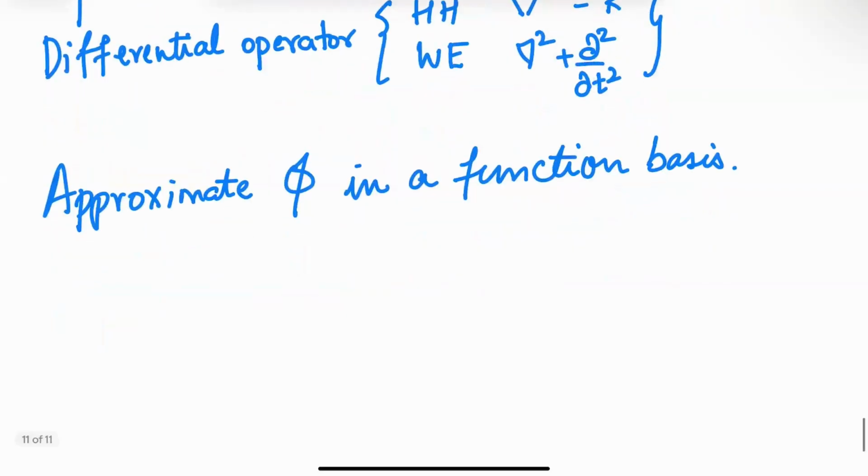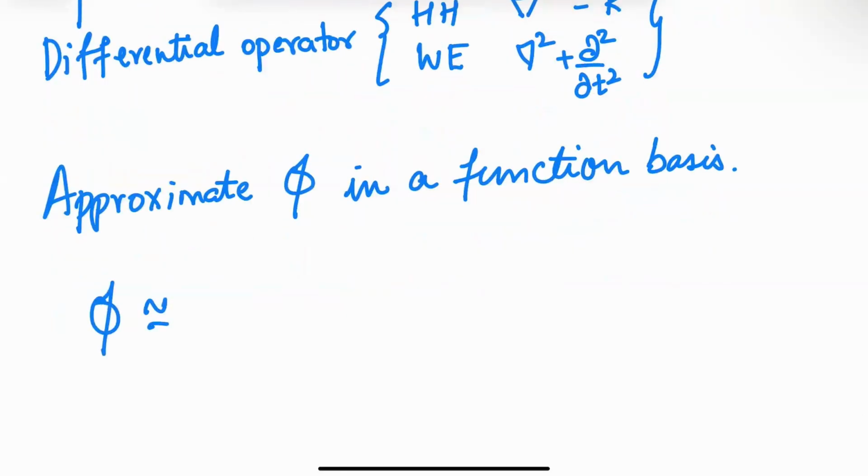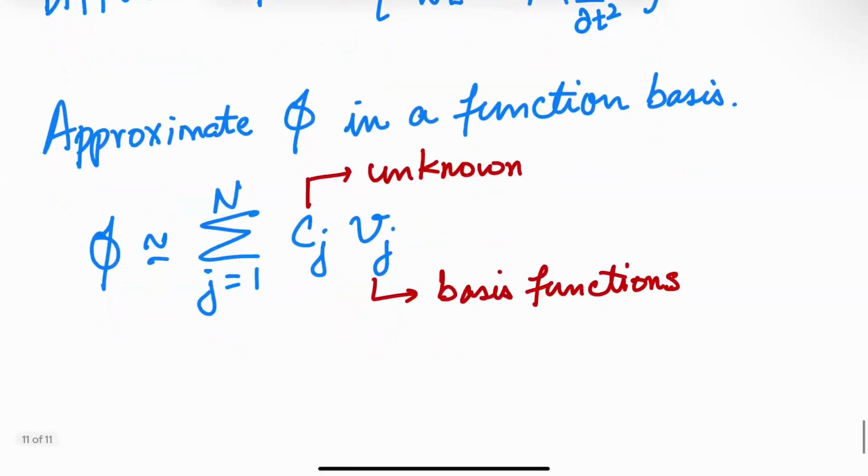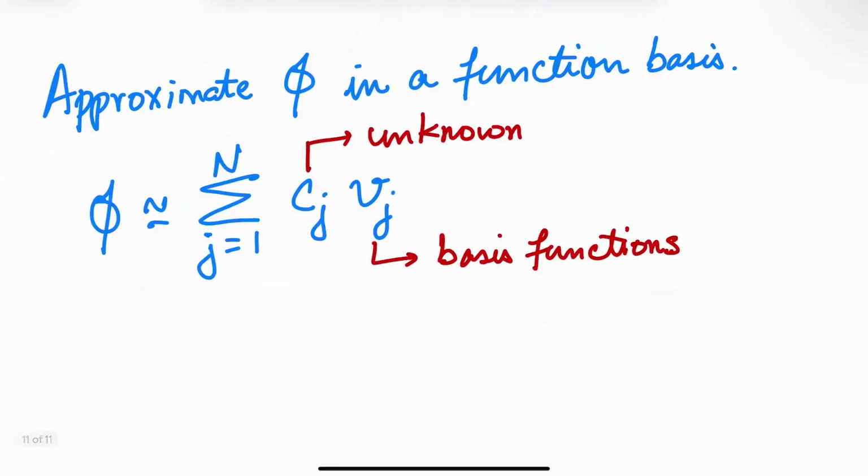So I say phi is approximately equal to summation j equal to 1 to n of c_j v_j. Here c_j are the unknown quantities and v_j are the basis functions. So you pick some basis and you expand your unknown electric field, let's say, in this basis. Of course, this is an electric field and this would be a vector basis. If it's a scalar field, then it's a scalar basis.